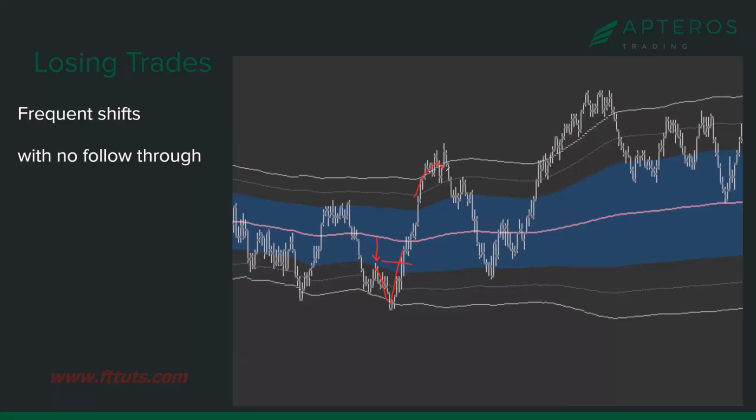Okay, we're imbalanced up. Let's get long here, right? Oh, it just barely tries and then stops you out. We're imbalanced here, going with this imbalanced pullback, and it gives you a rotation and then stops you out. So the condition shifting and not holding is where we tend to have some losing trades.